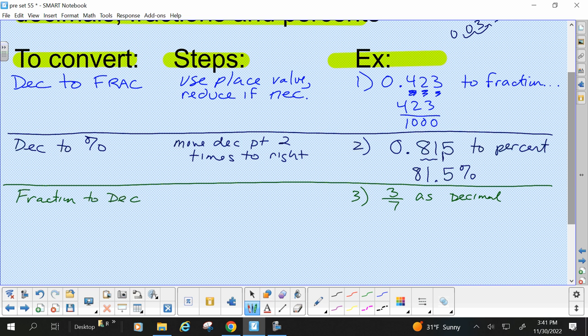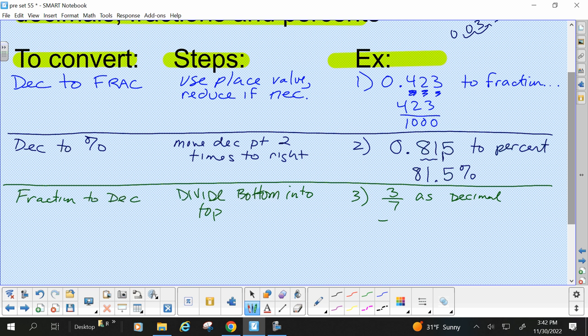Now we've done this before. Hopefully you can all tell me the step. What do we do, everybody? That's right, divide the bottom into the top. I'm sure you all said that, yeah? Or the denominator into the numerator.